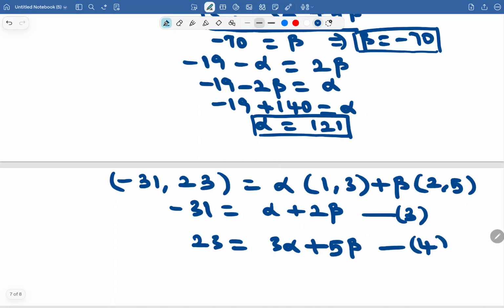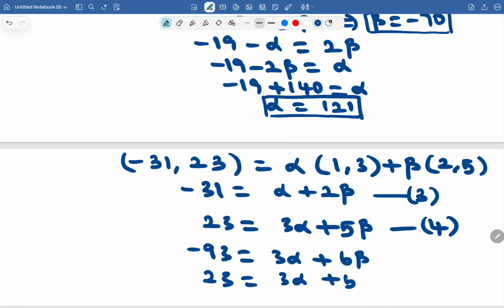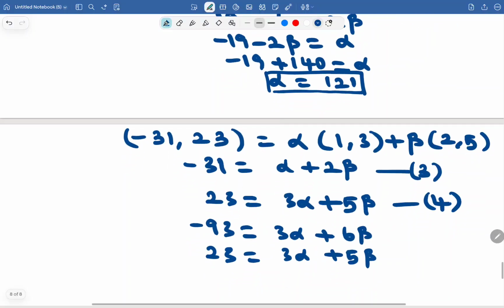These are equation 3 and equation 4. Multiply equation 3 by 3: -93 equals 3 alpha plus 6 beta, and 23 equals 3 alpha plus 5 beta.